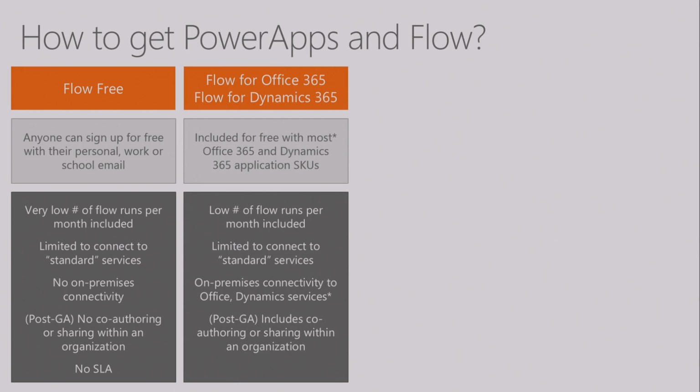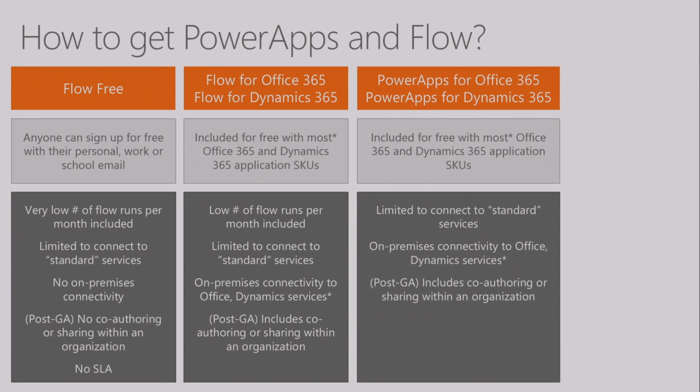But for this audience, the versions of Flow for Office 365 as well as PowerApps for Office 365 are coming in to most Office 365 commercial tenancies. You'll have the ability to run a good number of flows. We think the number at GA is going to be something like 2,000 runs per month per user shared across the tenant.